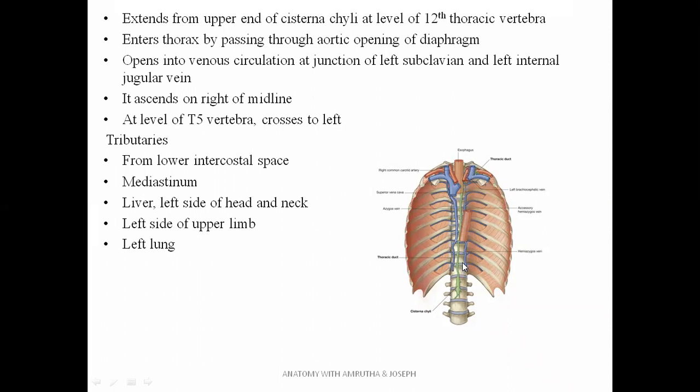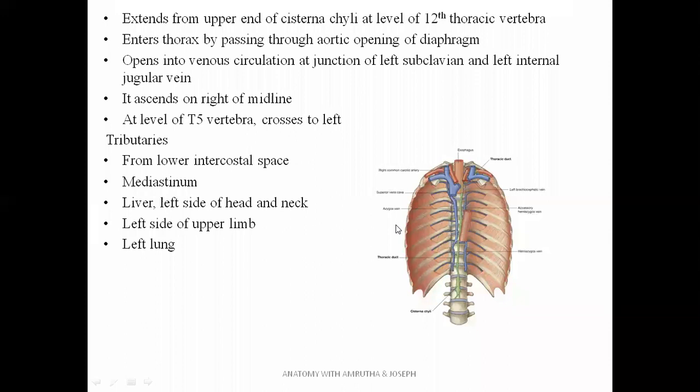Initially it is seen on the right side, but slowly it moves to the left side at the level of thoracic vertebra 5.